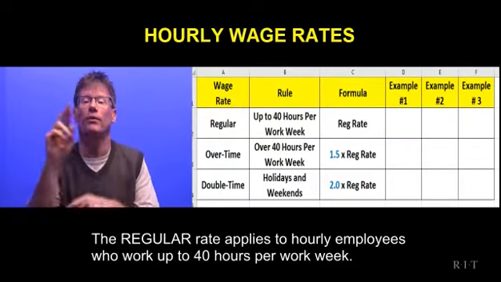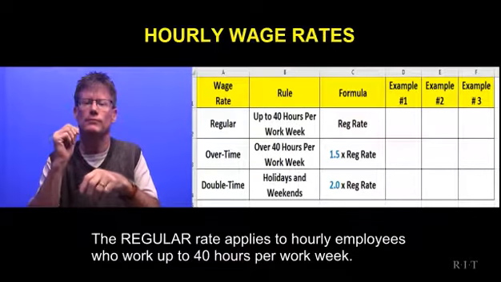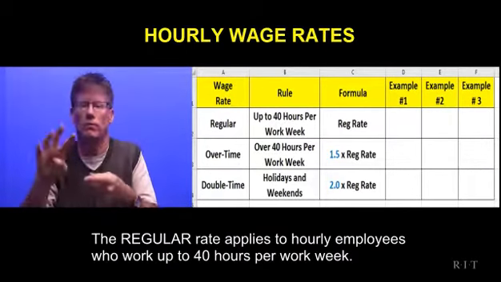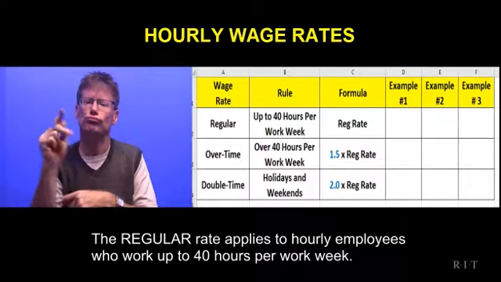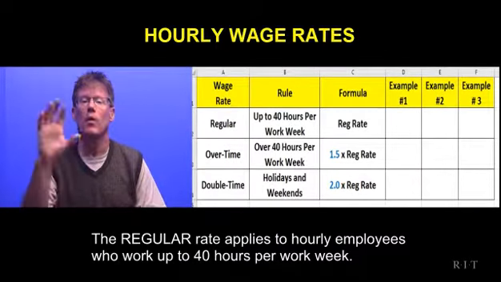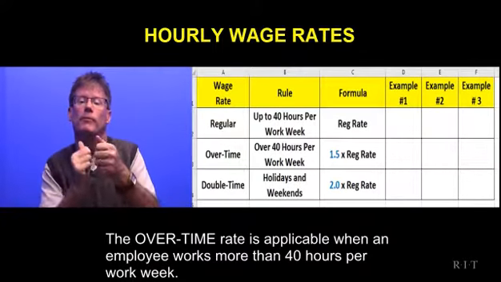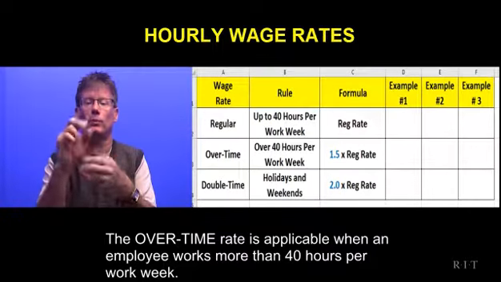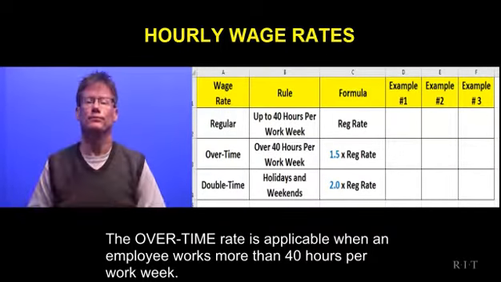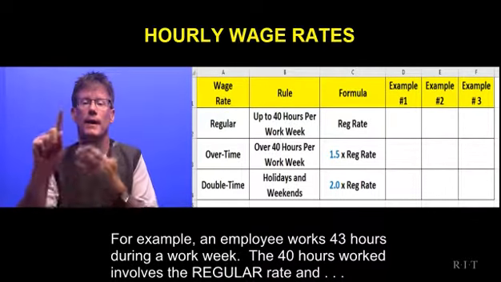The regular rate applies to hourly employees who work up to 40 hours per week. The overtime rate is applicable when an employee works more than 40 hours per work week. For example, an employee works 43 hours during a work week.